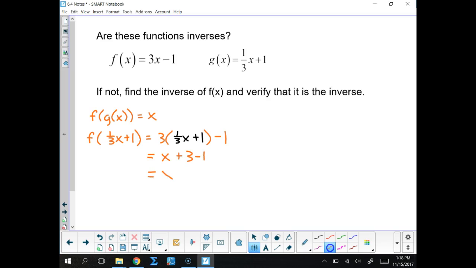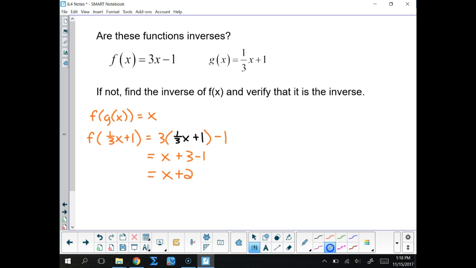That tells me that this is x plus 2. Are f and g inverses? They are not inverses. Automatically right now they are not inverses, because x is not equal to x plus 2. So I'm done. I don't have to show the second one because they're not inverses. Okay?